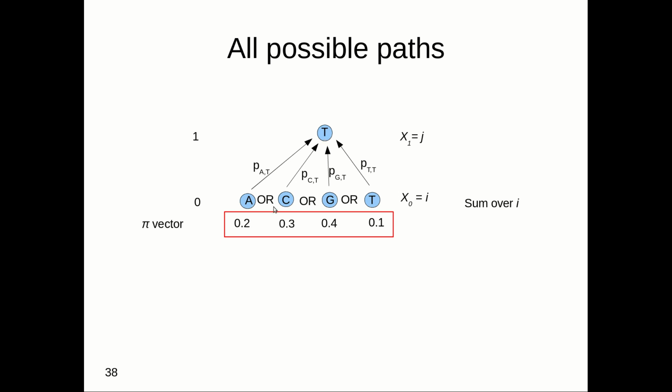What we do is multiply those two probabilities, so the probability of being in state A at time 0 with a transition probability, along this path, we multiply, and then we add up, or sum over, the different possible starting positions.